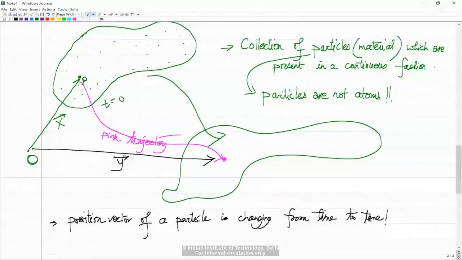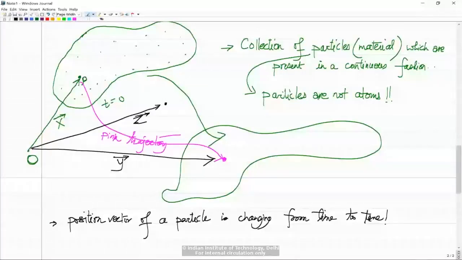So then that will bring some ambiguity, isn't it? We initially thought that through position vector we will denote a particle, but also understand that at a position vector, let us say this position vector, you can have different particles at different times, right? Suppose this position vector is z. Then maybe at t equal to t1 you have one particle here, and at t equal to t2 you have a different particle, right?